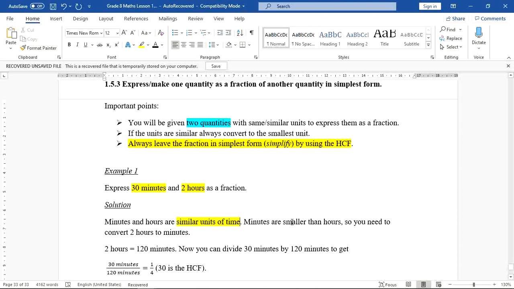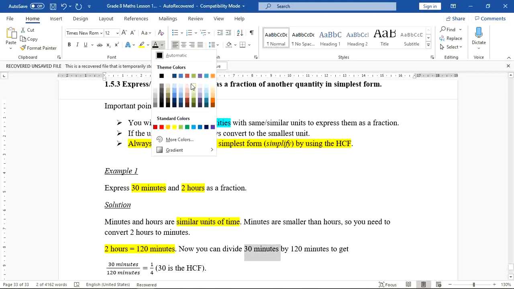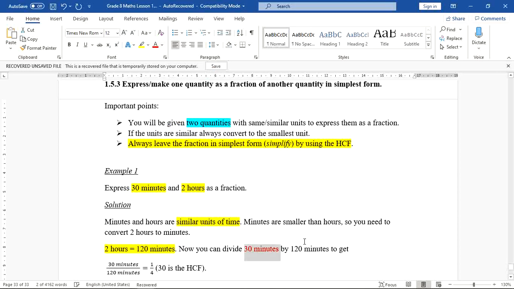Minutes are smaller than hours, so you need to convert 2 hours to minutes. You know that 1 hour has 60 minutes, meaning that 2 hours have 120 minutes. Now you can divide 30 minutes by 120 minutes.